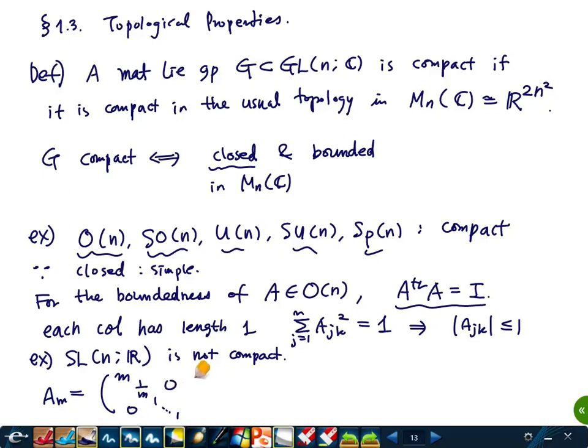So a diagonal matrix like that, with m a positive integer. The determinant is 1, so it is inside this group, but it's not bounded. m can be arbitrarily large, so it's not compact.